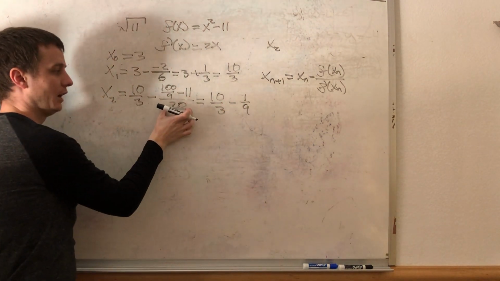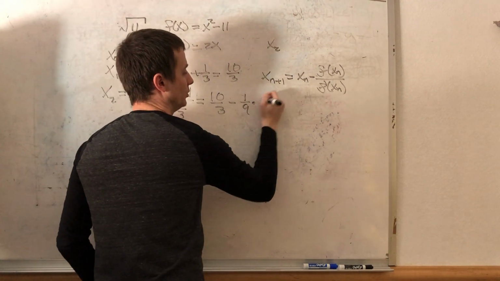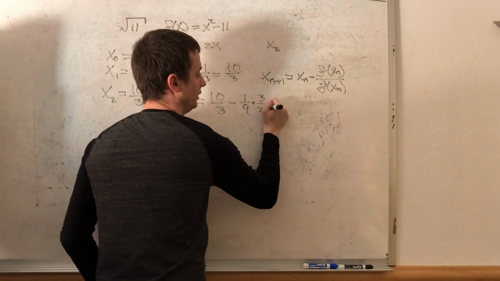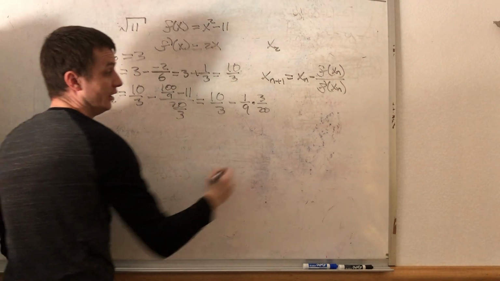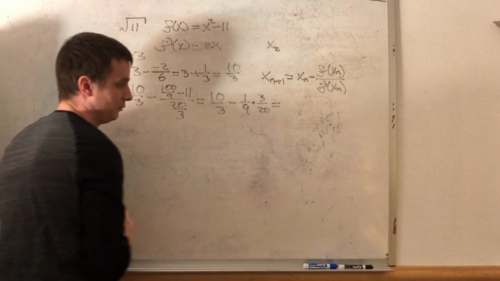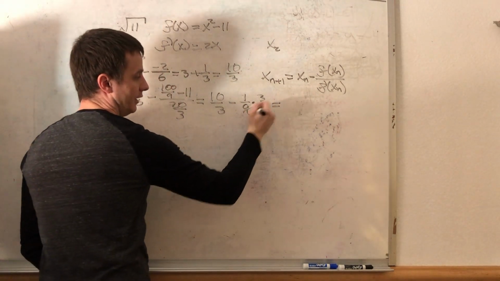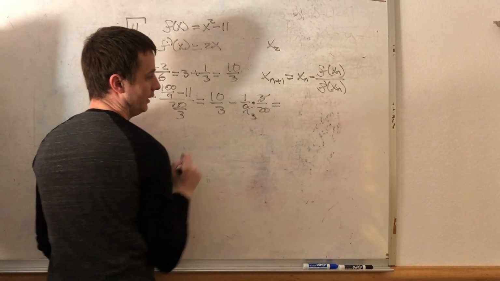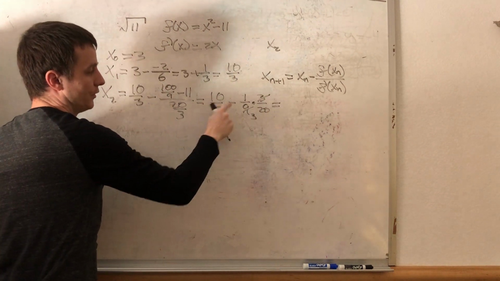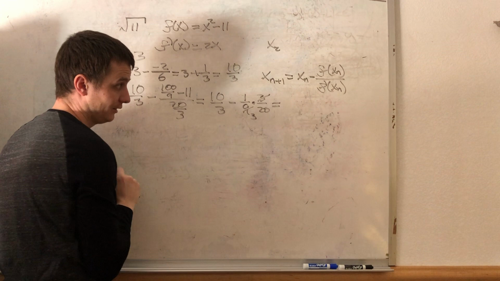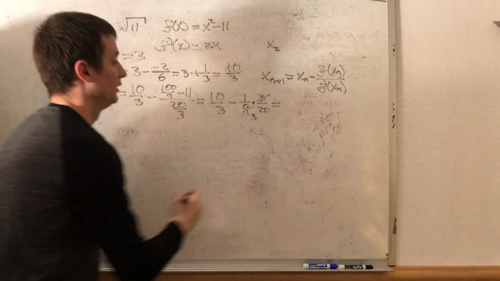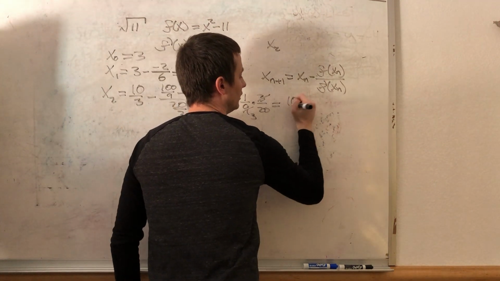And now, if you divide by 20/3, that's the same thing as multiplying it by 3 over 20. Notice that we can cancel out the 9 with the 3, leaving me 3 here. So we're going to have 10/3 minus 1/60th.